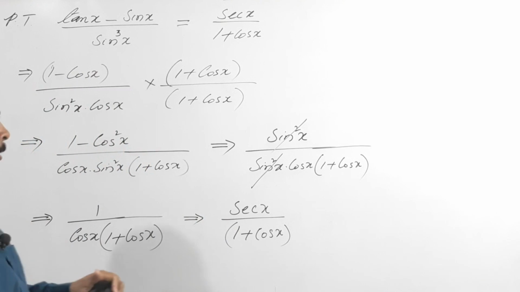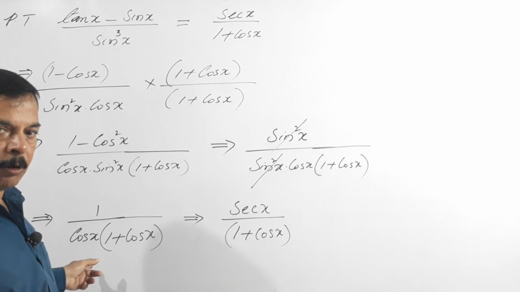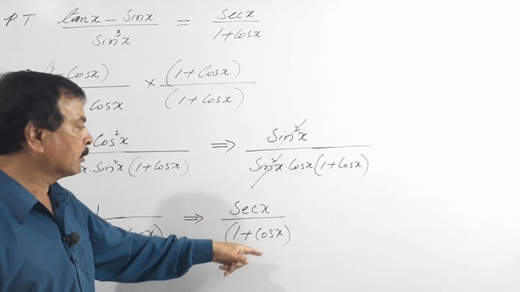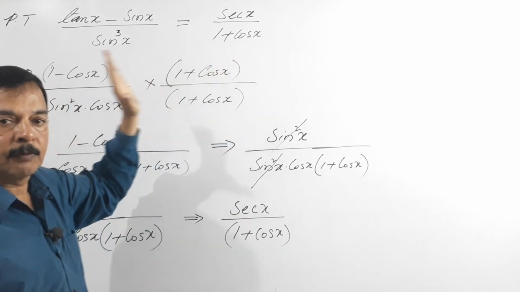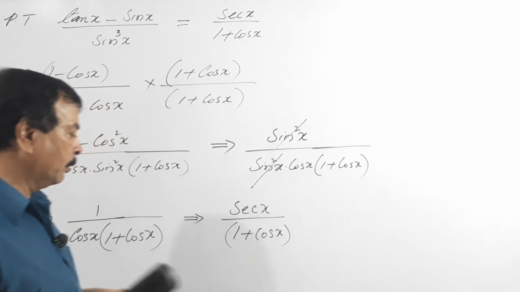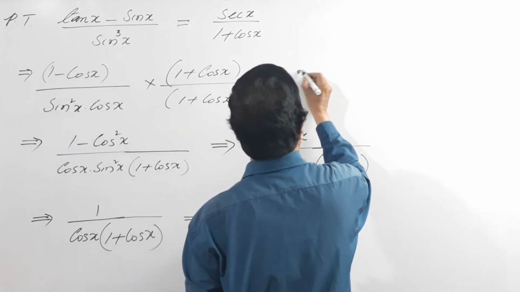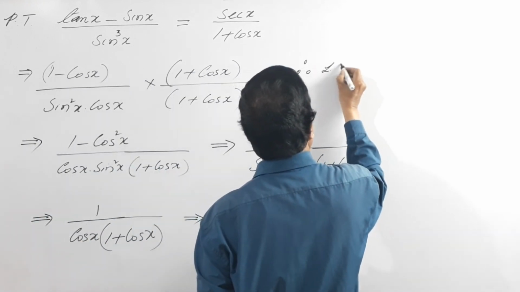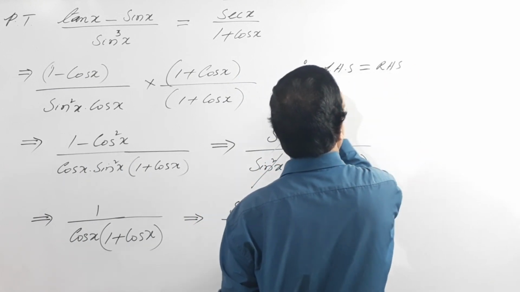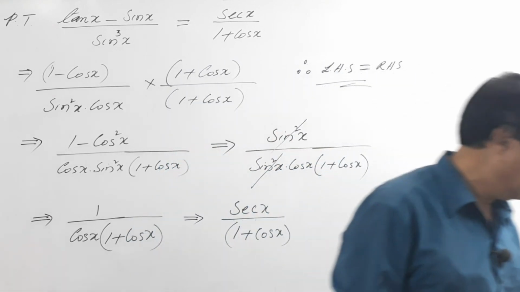He wants secant x. This cos x goes to numerator. The reciprocal of cos is secant, so it becomes secant x divided by 1 plus cos x. We have got it. Very nice problem. I liked it, I hope you liked it too. So therefore, LHS equals RHS. So dear students, we go for next problem.